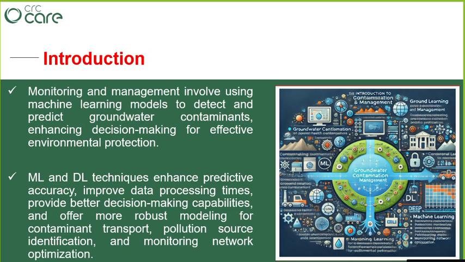We are overcoming those challenges in the proposed system, and monitoring and management involves using machine learning models to detect and predict groundwater contaminants, enhancing decision making for effective environmental protection. ML and DL techniques enhance predictive accuracy, improve data processing times, provide better decision making capabilities, and offer more robust modeling for contaminant transport, pollution source identification, and monitoring network optimization.